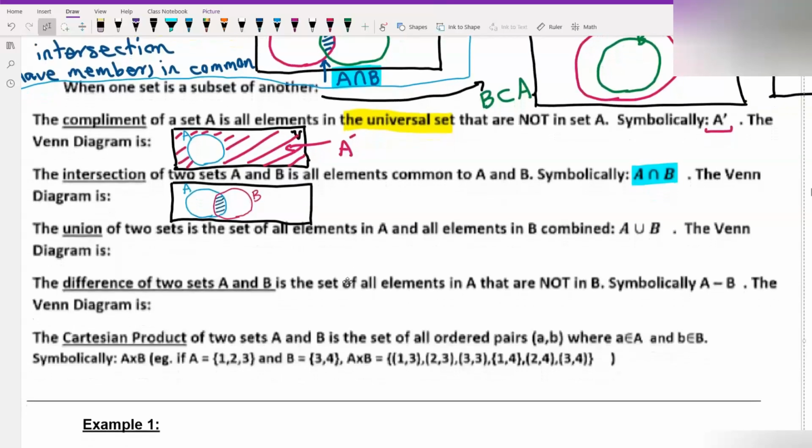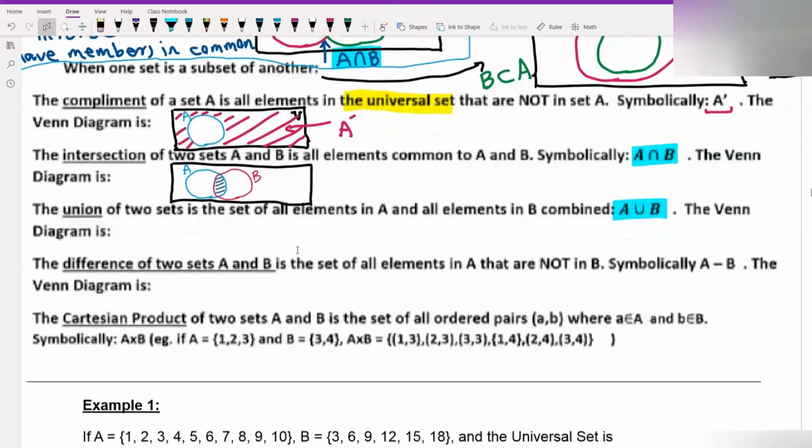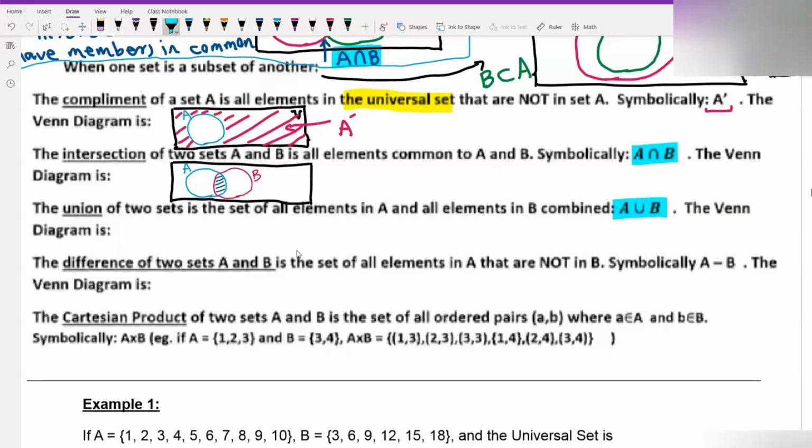Next one is union. This is the symbol that we have for union. It's the same as U, but it's not U. Trying this one too. We have intersection and union in algebra.